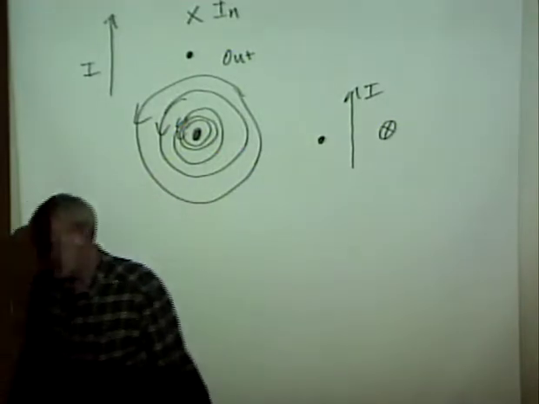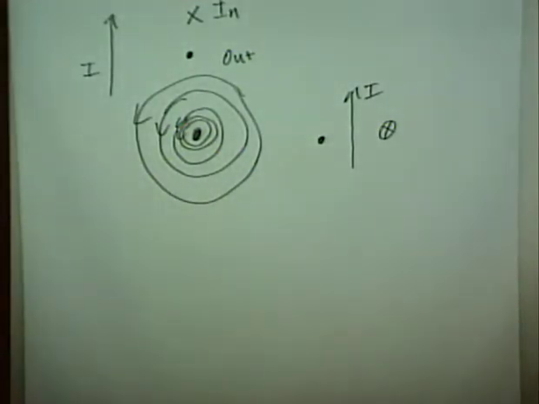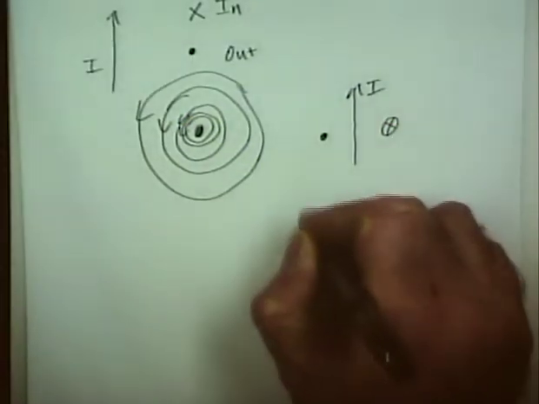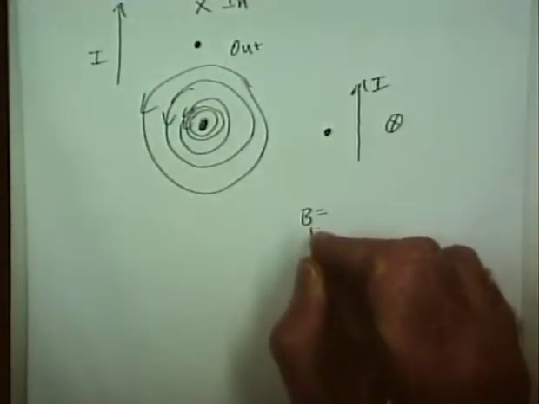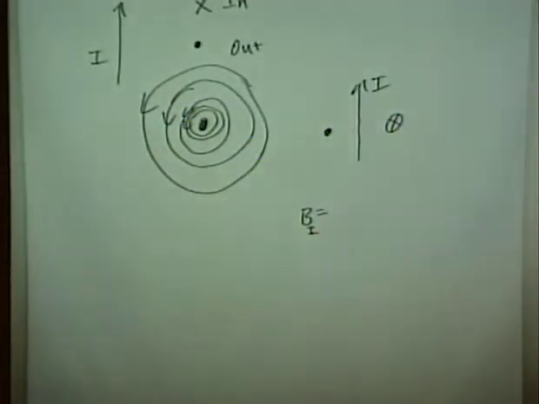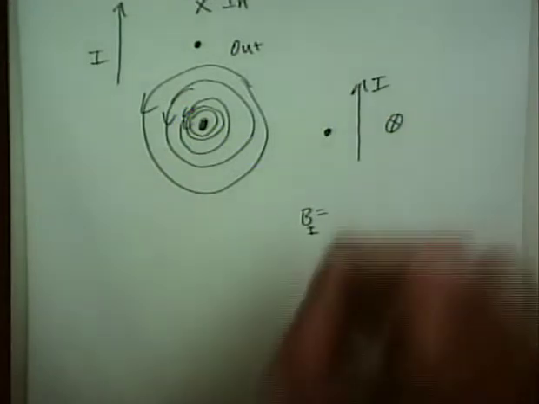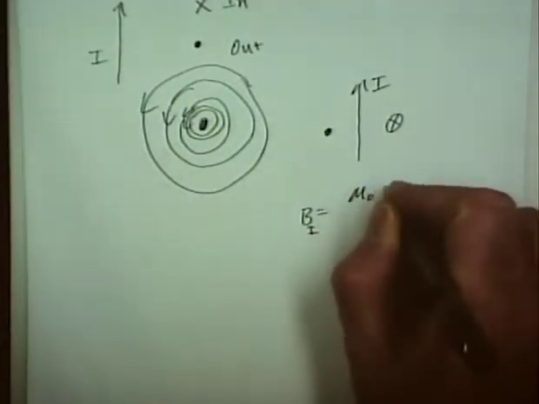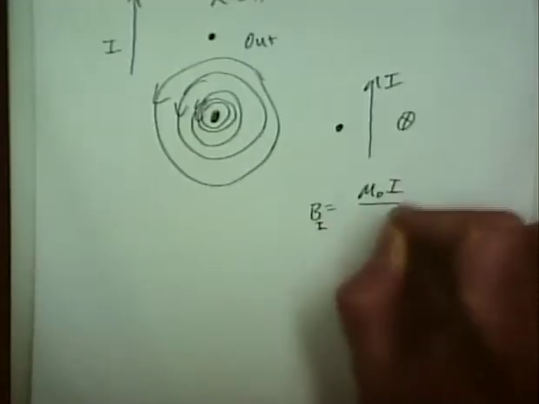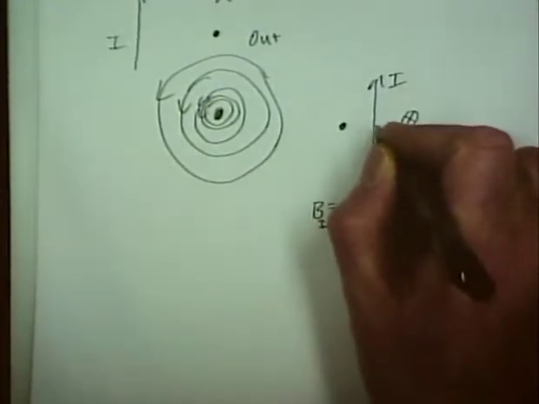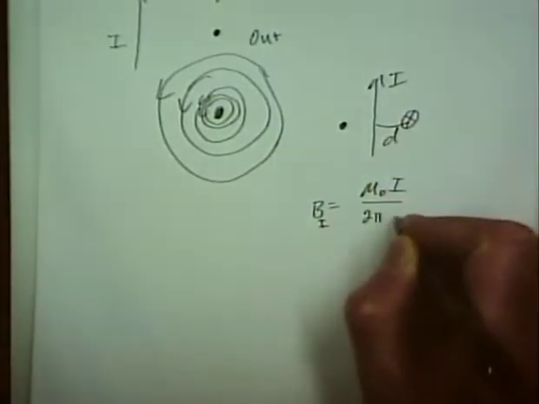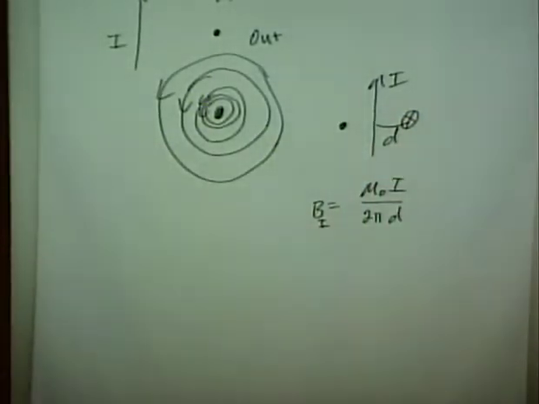And the formula for that, we will not derive this. You can take Physics 460, then you can derive it, okay? But the B field caused by that wire A is equal to mu naught I over 2 pi times, let's say, the distance away. That's the way your book does it. I'm used to putting an R there for the radius.